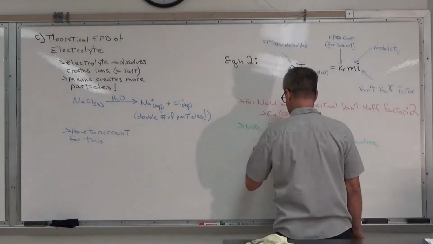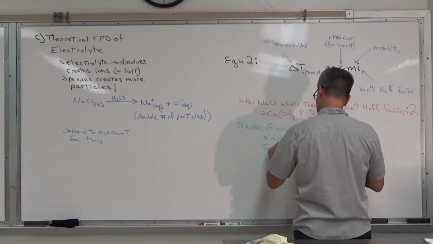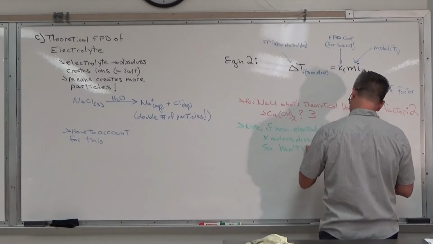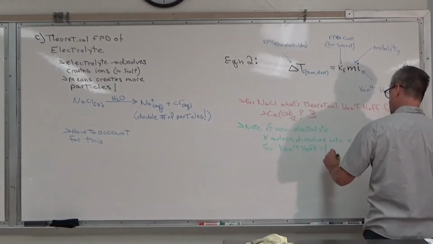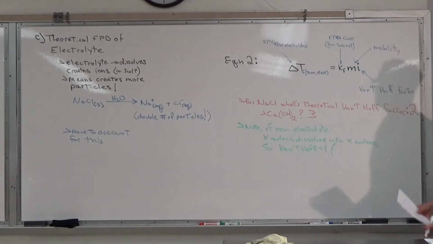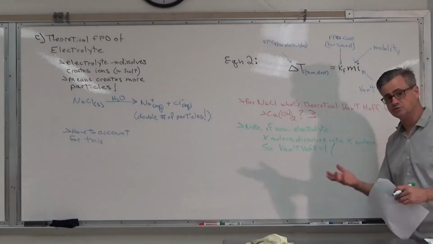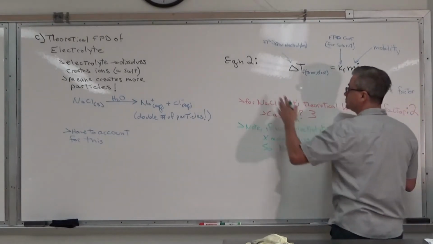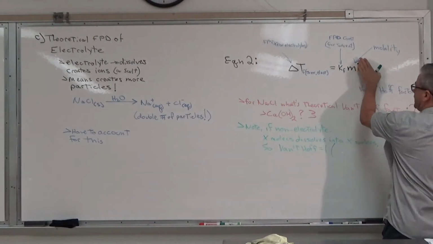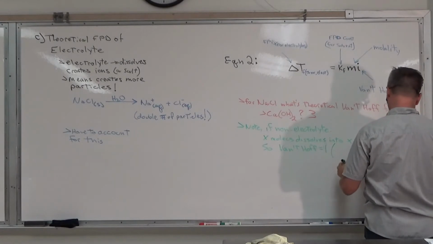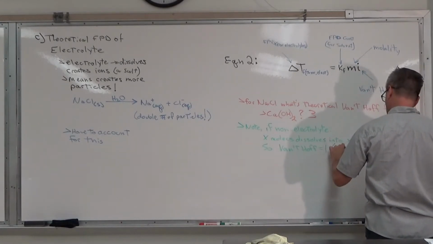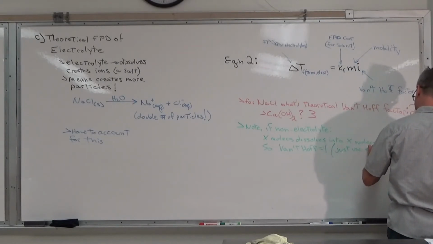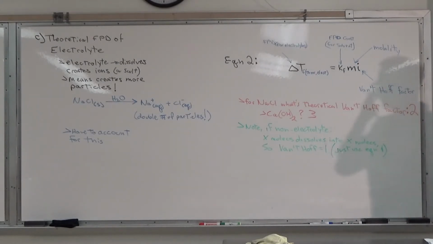So you could say in that situation that the van 't Hoff factor is 1. If you're doing calculations for a non-electrolyte, you can put in a 1 there, or you can just use equation 1, which doesn't have that variable in it.